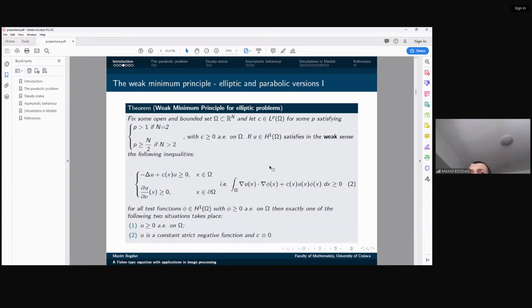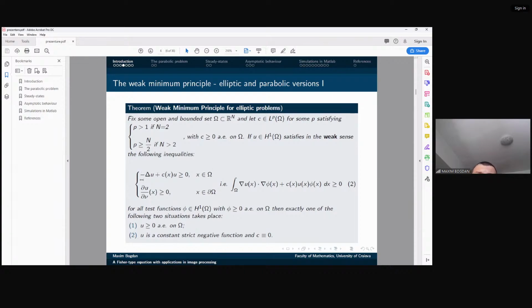To do this, I work with weak formulations of PDEs, and the most famous results here are the weak maximum or minimum principles for elliptic and parabolic problems. This is the weak principle for elliptic equations.